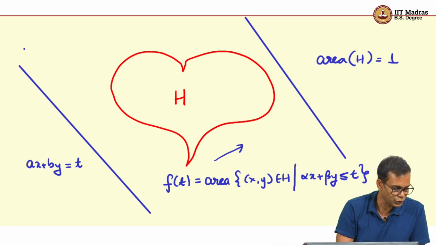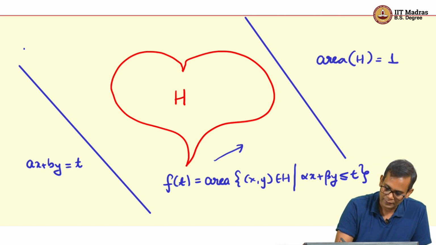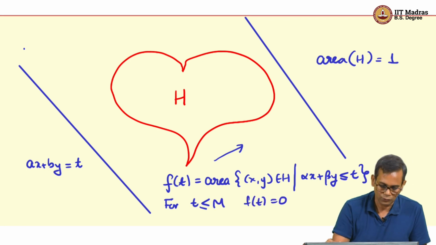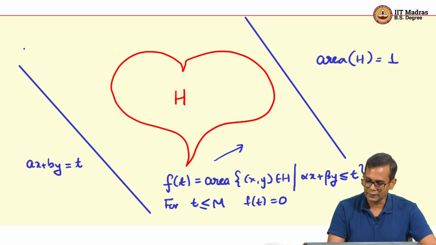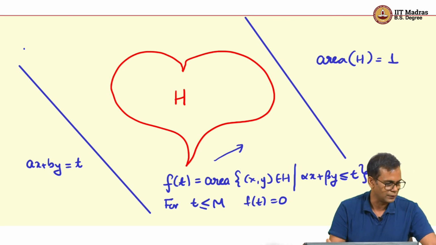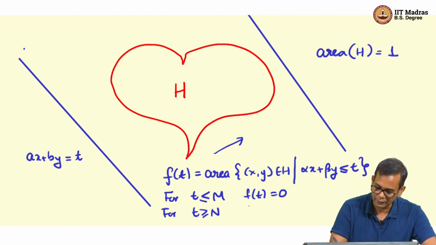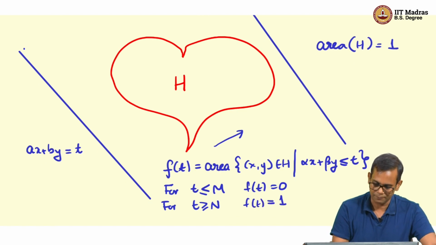And so, what you can show is that there are constants m and n such that for t less than or equal to m, f(t) is equal to 0, the entire area is to the right of the line, and for t greater than or equal to n, f(t) is equal to the area of H, which is 1.